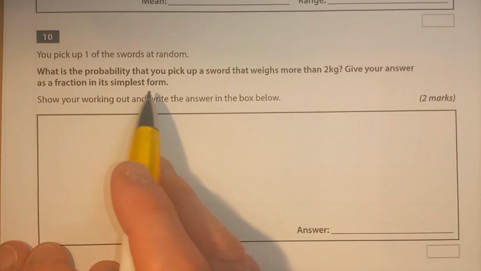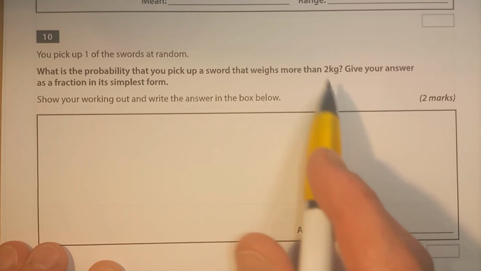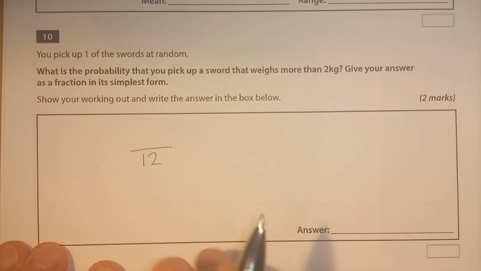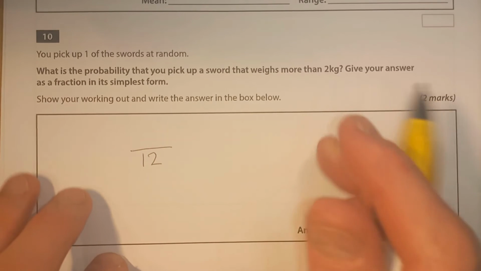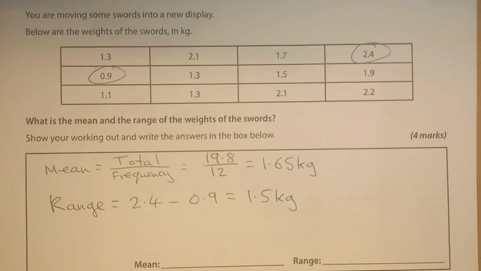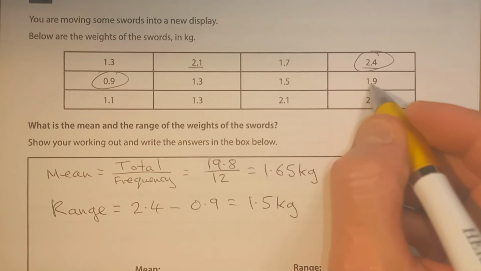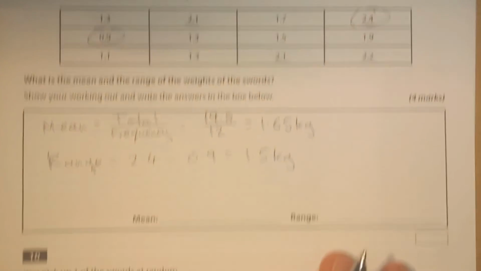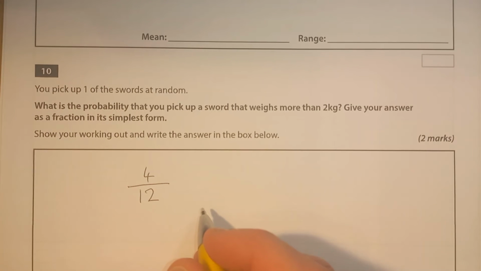Well, we saw before that there were 12 swords, so my denominator is going to be 12. How many weigh more than 2 kilograms? We've got 1, 2, 3, 4. So the probability is going to be 4 out of 12.